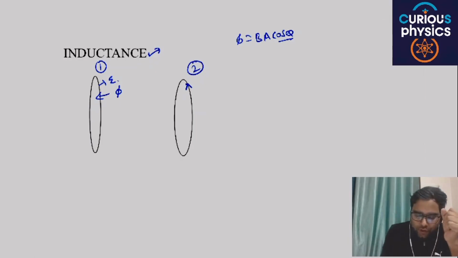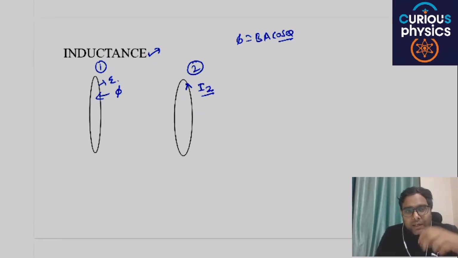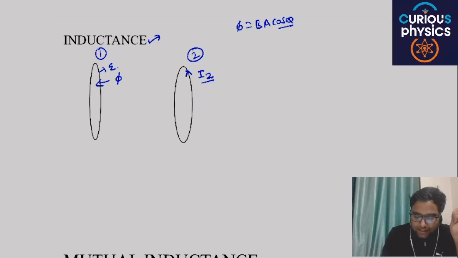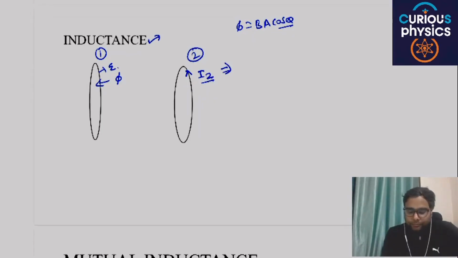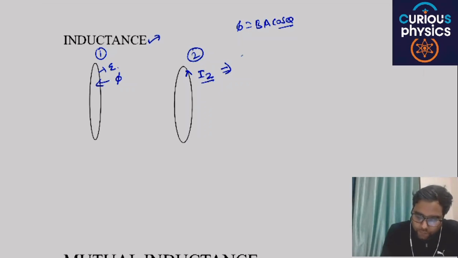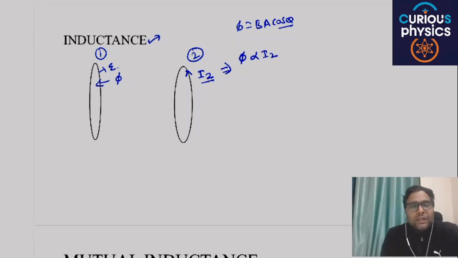And if you want to change the value of flux with respect to time, you change the value of current in coil 2, and you can change the flux in coil 1. You can say that phi is directly proportional to I2, where I2 is the current in coil 2.